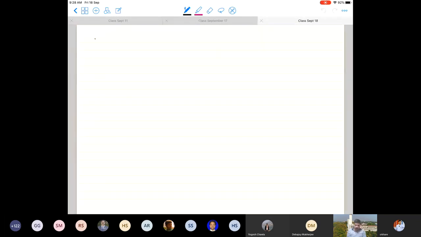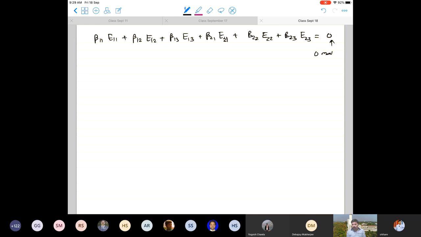I will choose scalars: beta 11 E11 plus beta 12 E12 plus beta 13 E13 plus beta 21 E21 plus beta 22 E22 plus beta 23 E23 is equal to 0. So this is a 0 matrix of size 2 by 3, correct? I hope you understand that. This is a 0 matrix of size 2 by 3. And you do this matrix scalar multiplication, what do you get?